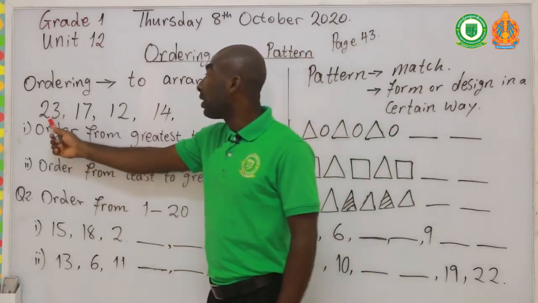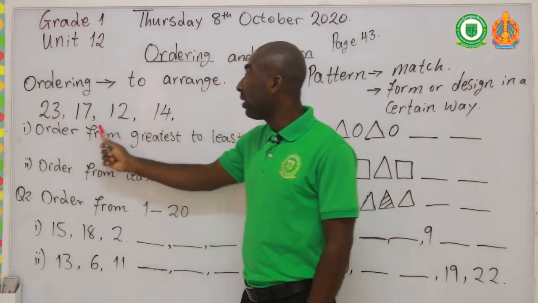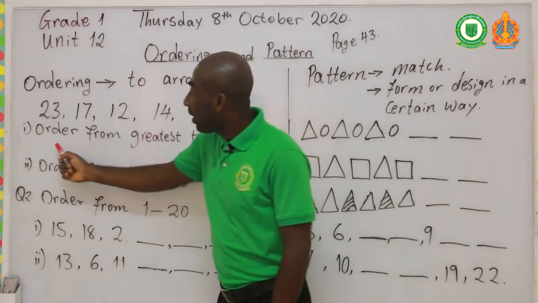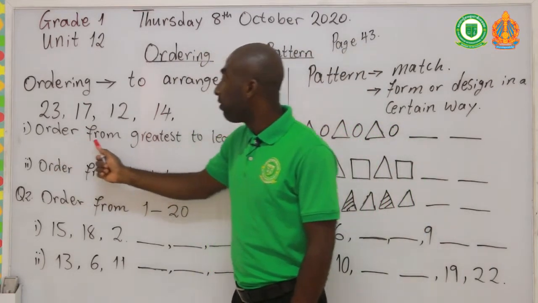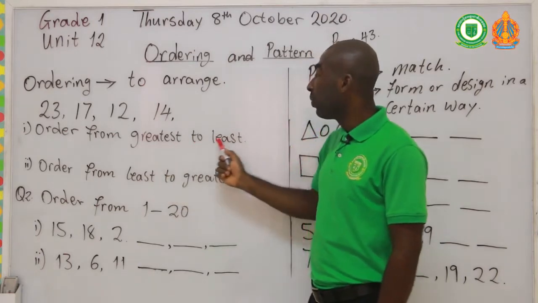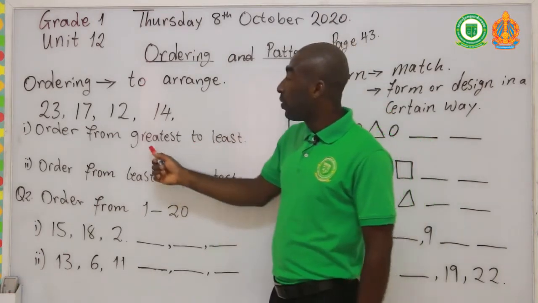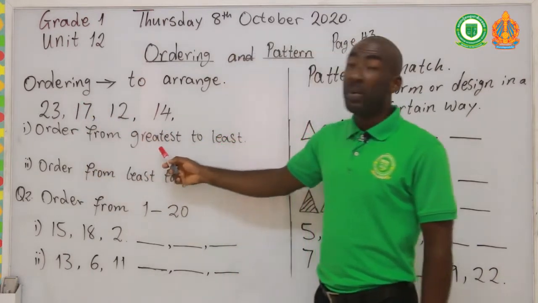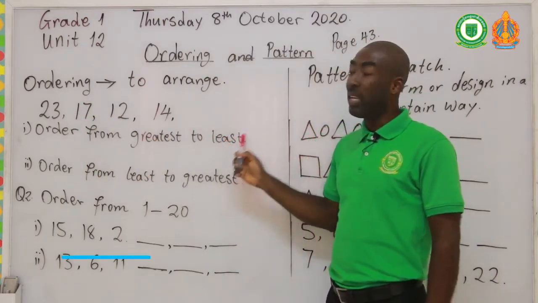Okay, so we have 23, 17, 12 and 14. The instruction is we are supposed to order from greatest to least. That means we are supposed to rearrange these numbers from the biggest to the smallest.